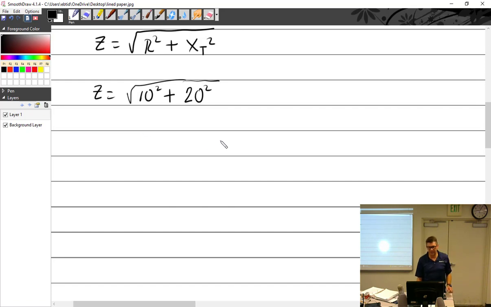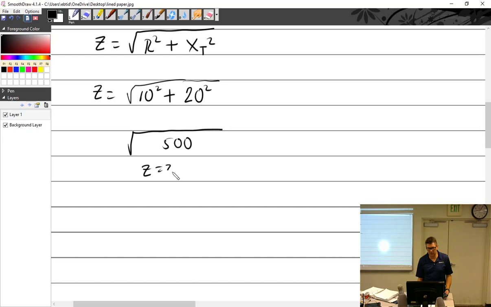I actually like to do it like this. 10 squared plus 20 squared. So I'll just do 10 x squared plus 20 x squared equals, and I get 500, the square root of 500. And then I'm just going to do second, square root, 500 equals 22.36.